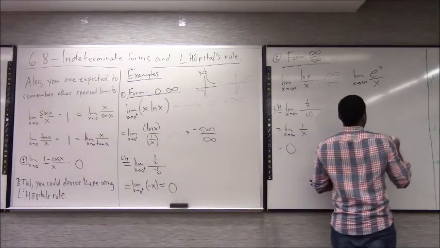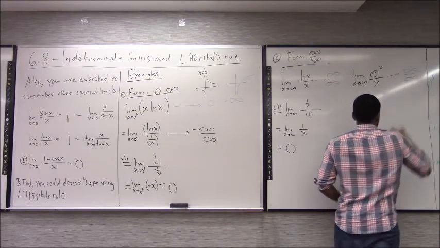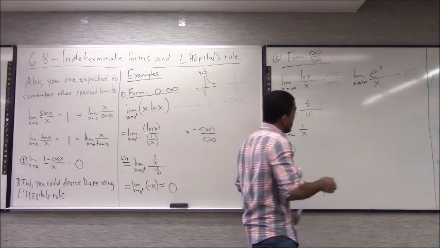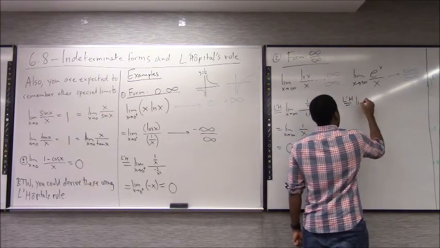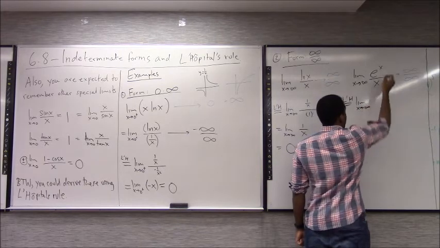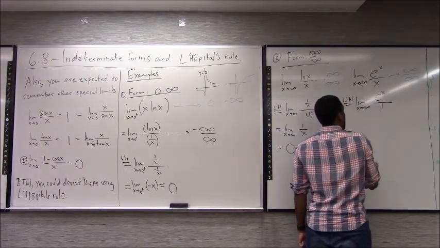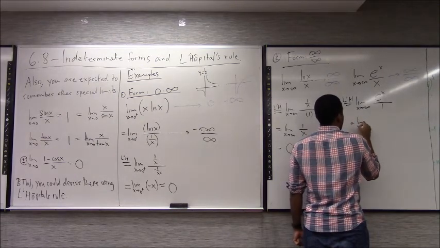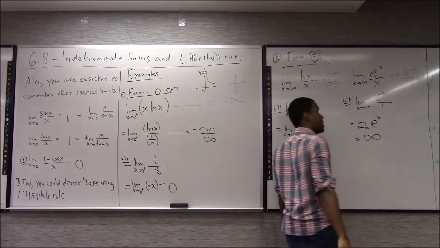A similar thing is happening here. Clearly the exponential is going to infinity and x is going to infinity, so that's infinity over infinity. Here we can apply L'Hopital's rule. This is the limit as x approaches infinity of the derivative of e to the x, which is e to the x, over the derivative of x, which is 1. So that's just the limit of e to the x, which is infinity.